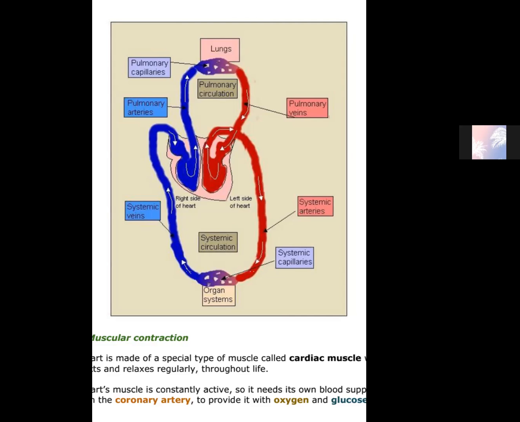So from the right ventricle to the lungs, then that blood flows back through the pulmonary veins to the left atrium, then to the left ventricle, then through the aorta to the body or the organs, then from those organs, if it is downwards, through the inferior vena cava back to the right atrium.